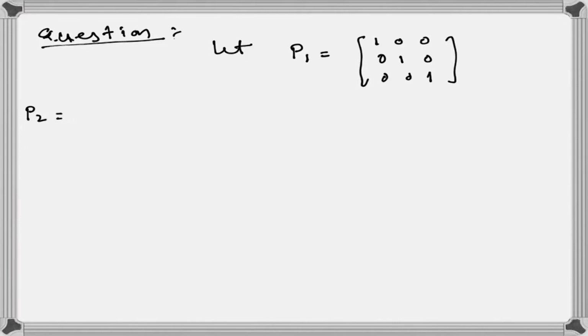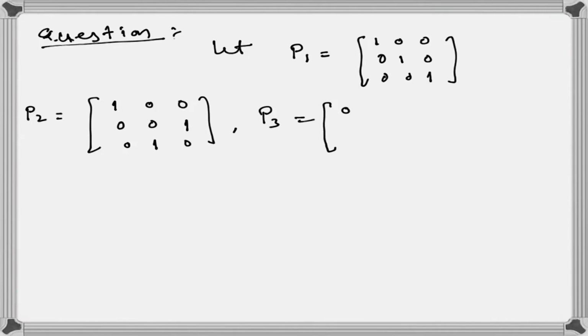P2 is another 3x3 matrix given by 1 0 0 0 0 1 0 1 0. P3 is 0 1 0 1 0 0 0 0 1.